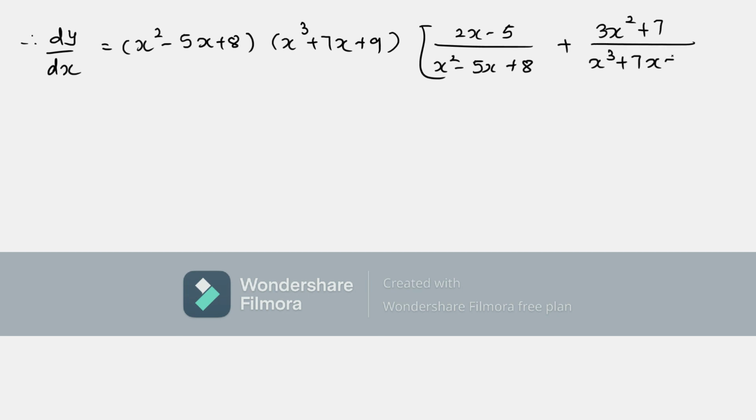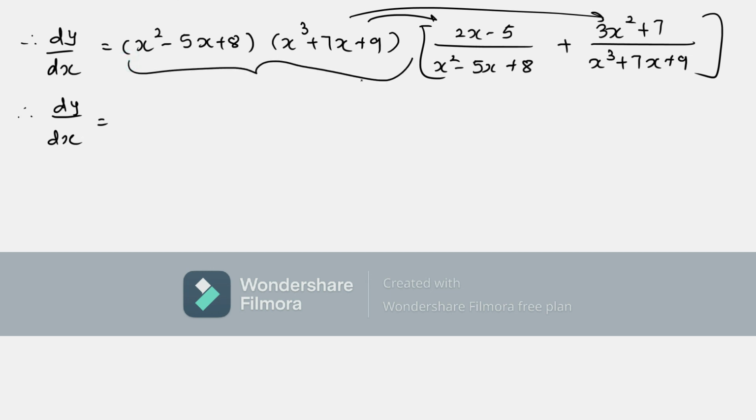For dy by dx, you can see that we are going to multiply these things with them. So if this full thing multiplies with the first term, that means x square minus 5x plus 8 is in the denominator and that one is also in the numerator, so that will be cancelled, and what remains, x cube plus 7x plus 9, will be in the numerator along with 2x minus 5.